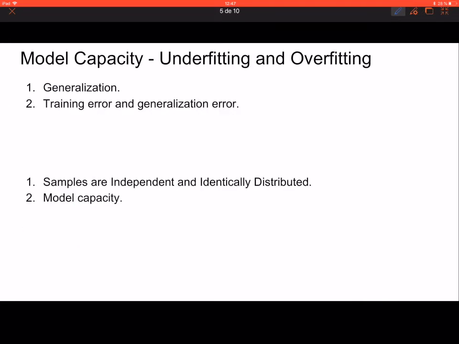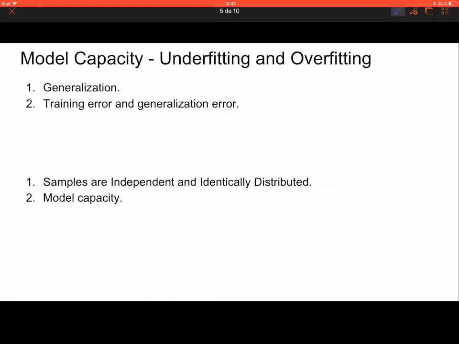so let's talk about model capacity. The model capacity basically tells us how good our model is at fitting a variety of functions. And this is important because we want a model to generalize to unseen data.